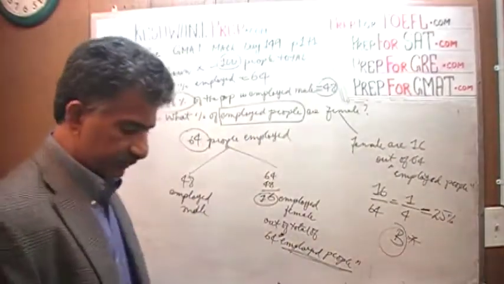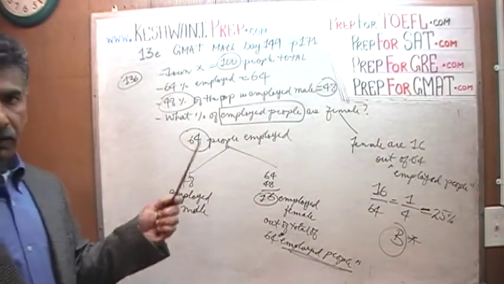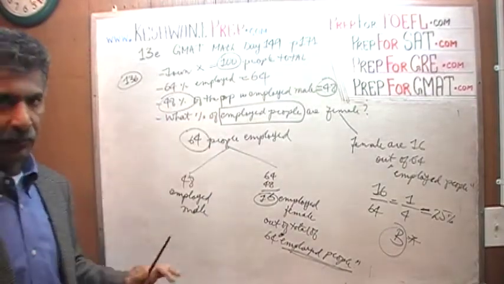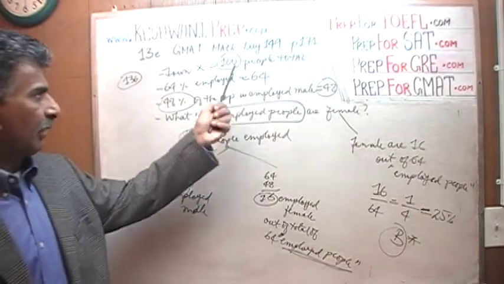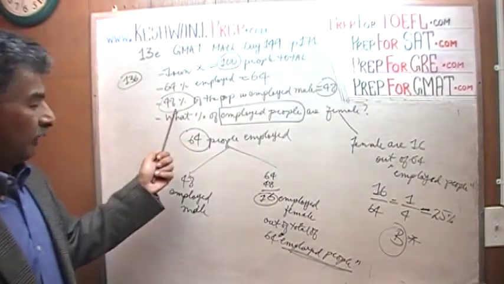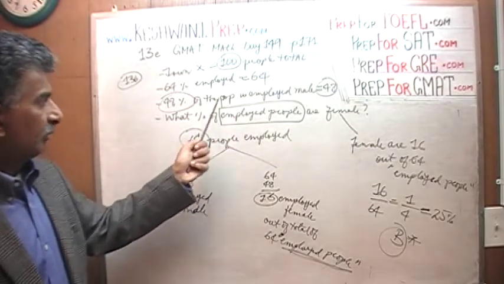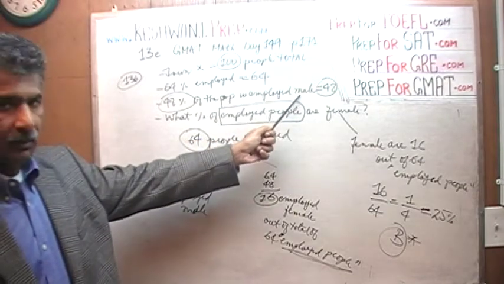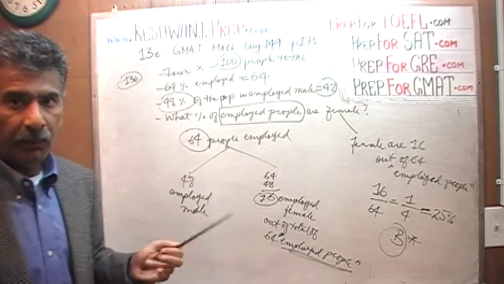That's it, we're done with this one. The answer is B. One more time very quickly. We just pretended it. It's not given to us. We pretended there are 100 total people in the town. We are told that 64% of them are employed, which means 64 people have the job out of 100. We are further told that 48% of the population is employed male, so there are 48 employed male.